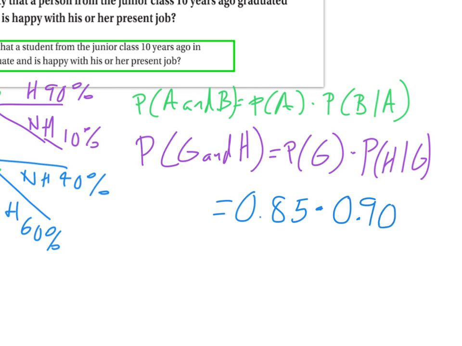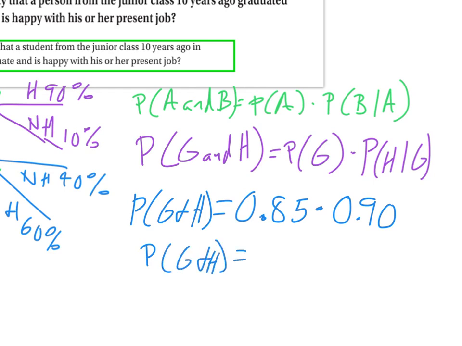I'm just going to put the 0 there to help everybody see that that's really 90%. And so we end up with, and again that's really our probability, they graduated and they're happy, 76.5%, and that's exact, not rounded at all. And so that's how we can do that using the formula.